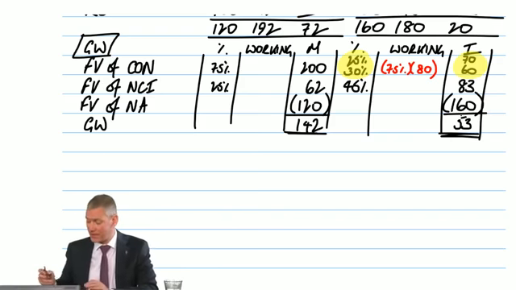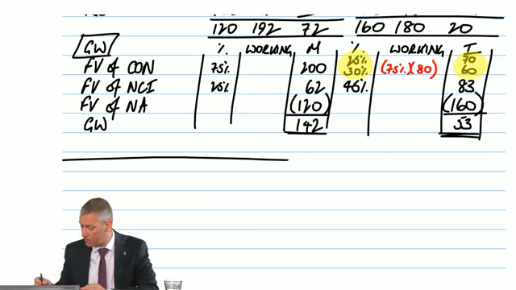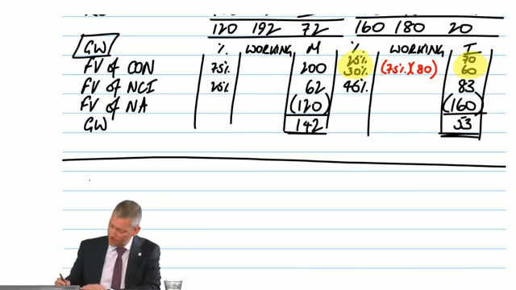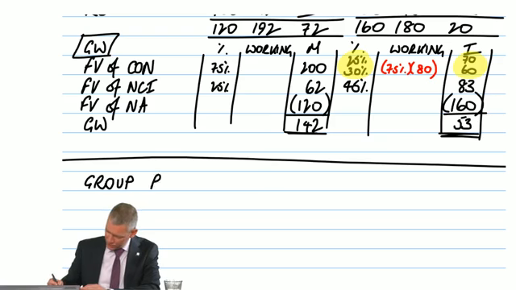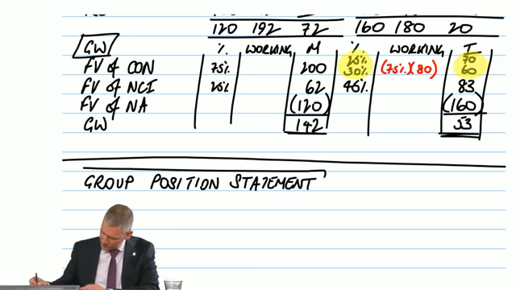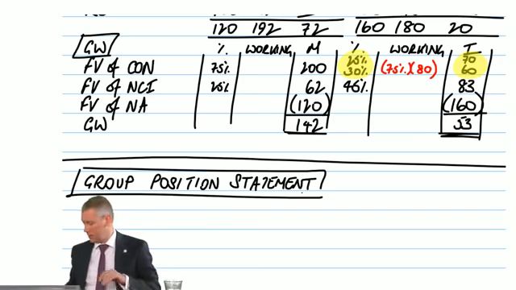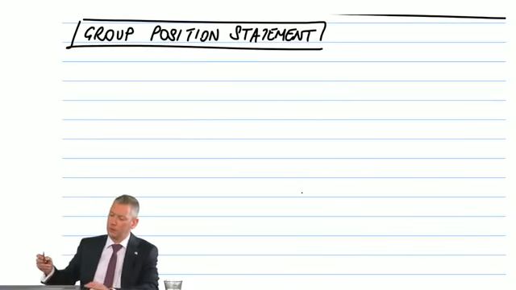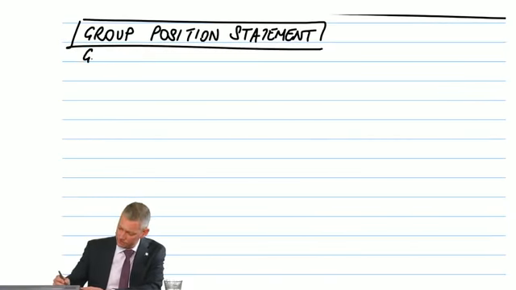And then we whack that onto the balance sheet, because this is a real question now. Group balance sheet, or group position statement, is the phrase I like. So we have goodwill.